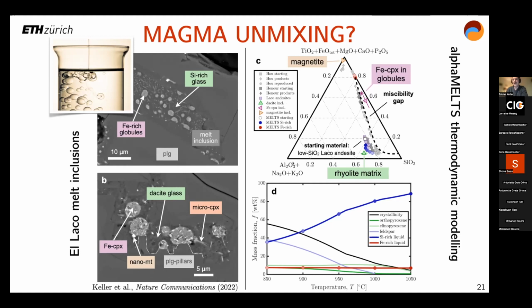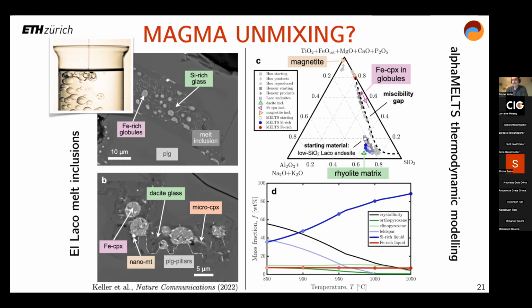Bottom right is silica, bottom left is aluminium and alkalis. And we tried to see if we can connect the experimental data, which is the cloud of gray points in the background, with these new measurements by means of thermodynamic modeling using alphaMELTS, which is one form of the rhyolite-MELTS software.